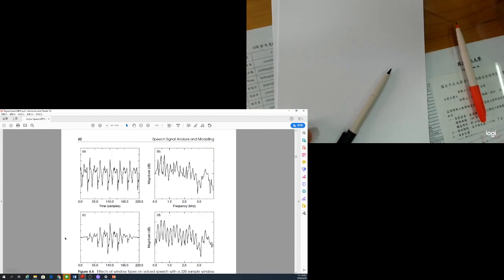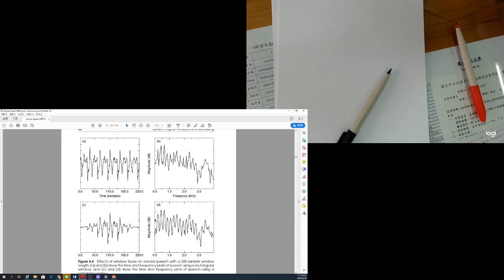Like in this figure D, you can see your envelope shape here. You can see a big peak at 500 here, 1,000, 1,300, 2,000, 2,300, and 3,400 here.